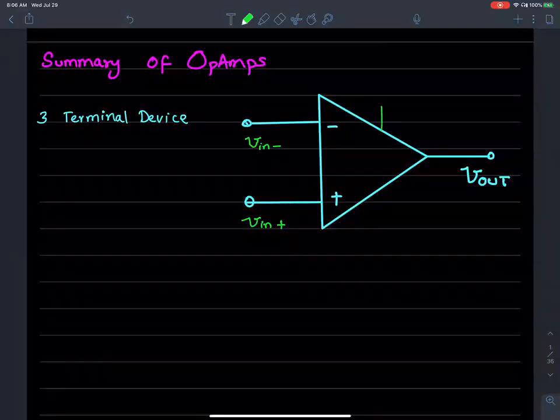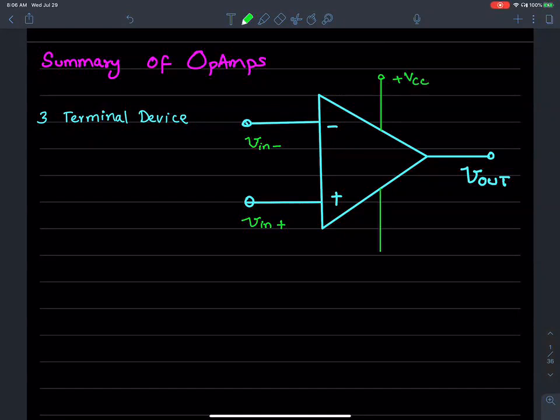In addition to that, the op-amp does have positive and negative power supply.